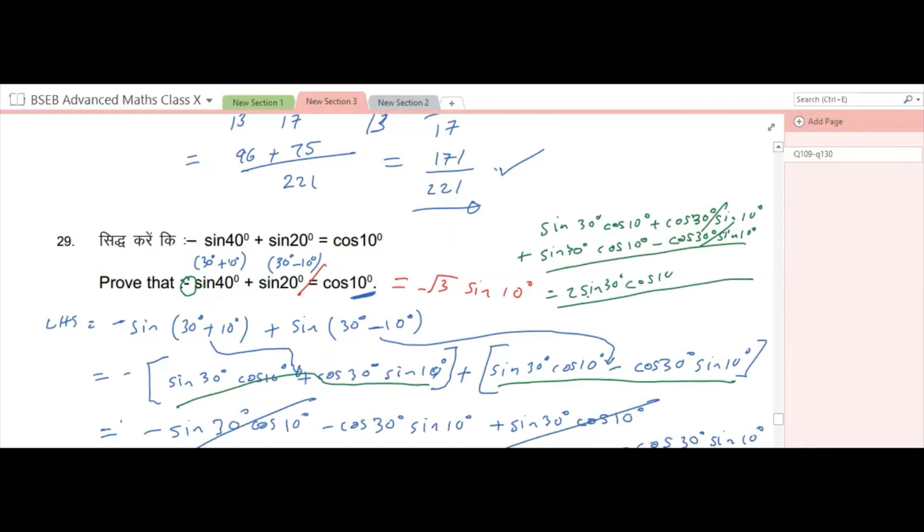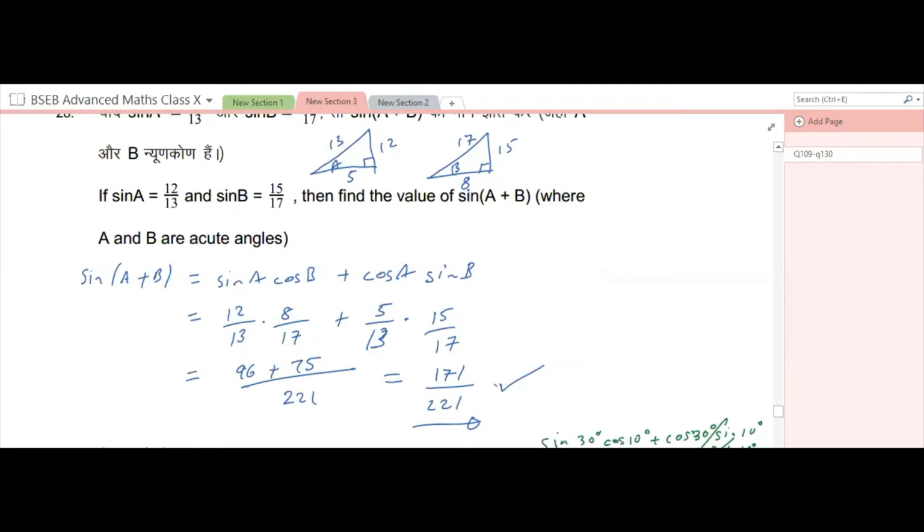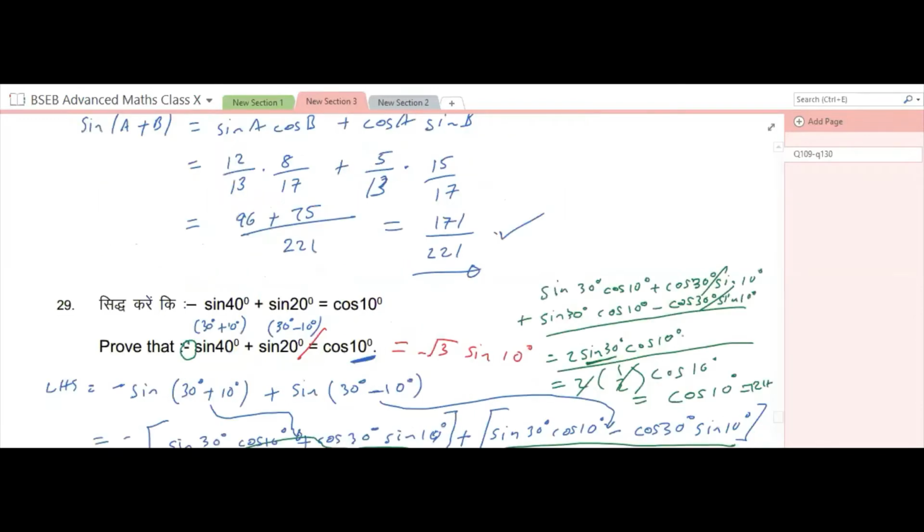And what is sine of 30? Sine of 30 is half. So 2 times half times cos 10, the 2 times half cancels out. We are left with cos of 10 degrees, which is equal to the right hand side. So it was actually correct. I read it as a negative, so I ended up saying it wasn't equal, but without the negative, it is equal to cos 10.